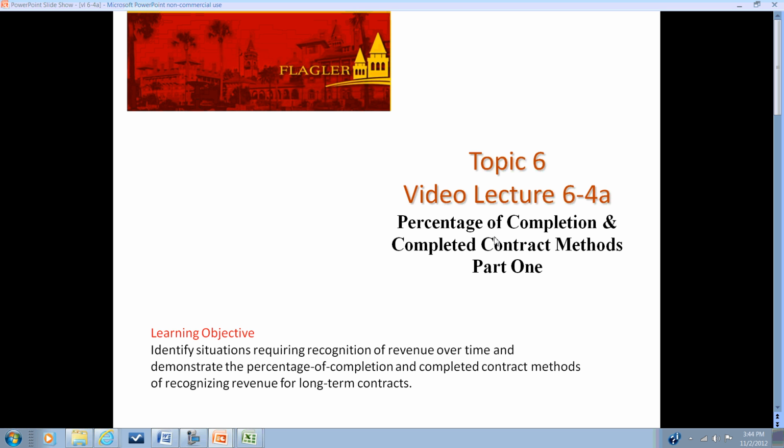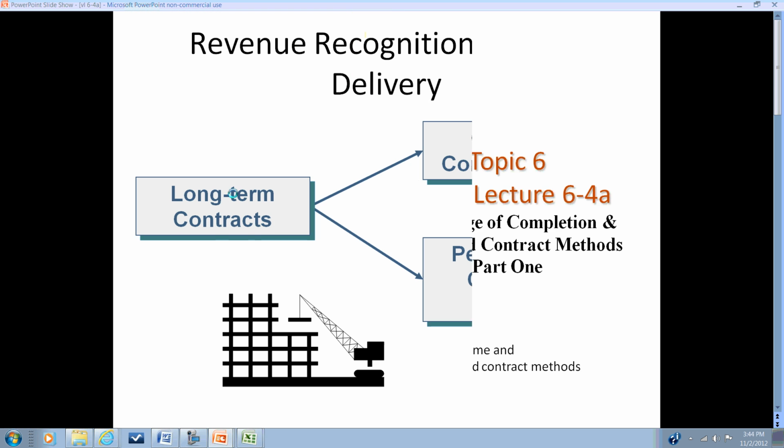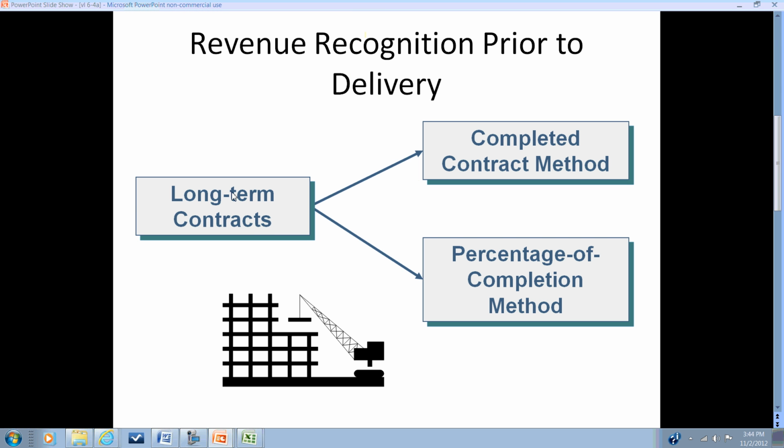So we're going to look at this area, which is unique to several industries, particularly the construction industry. GAAP has two methods that are allowable.